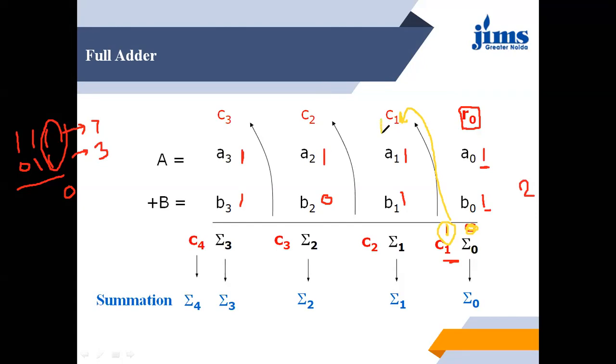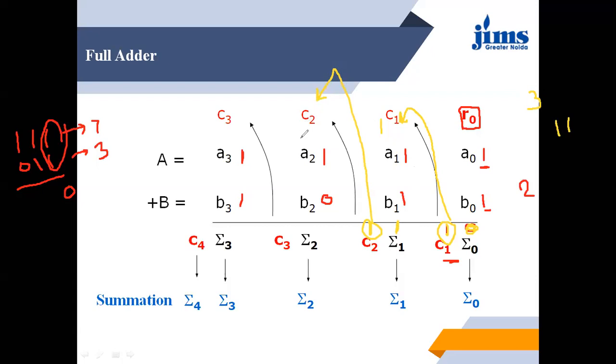So this is 1 plus 1 plus 1. That is, 1 plus 1 is 2 and 2 plus 1 is 3. So the binary equivalent of 3 is 1 and 1. So here I will get 1 and in carry I get 1 again. So this we have to use as a carry to add the next digit.